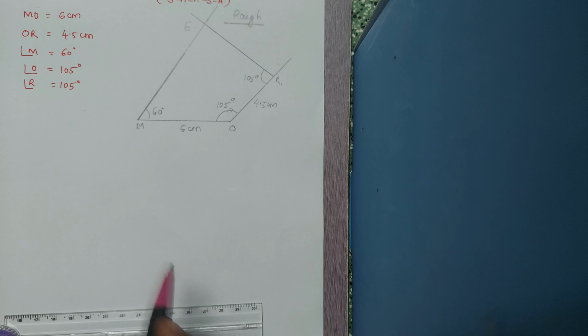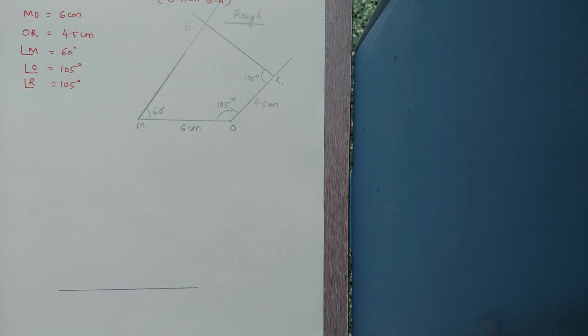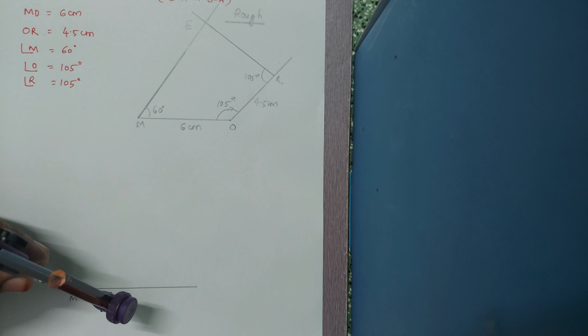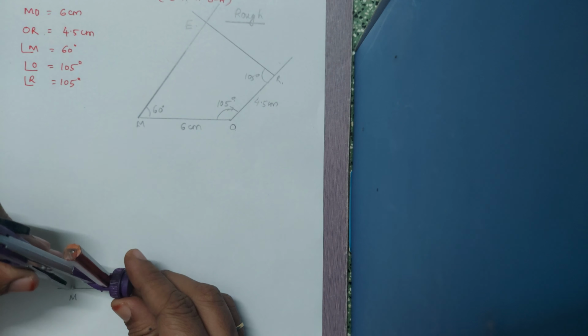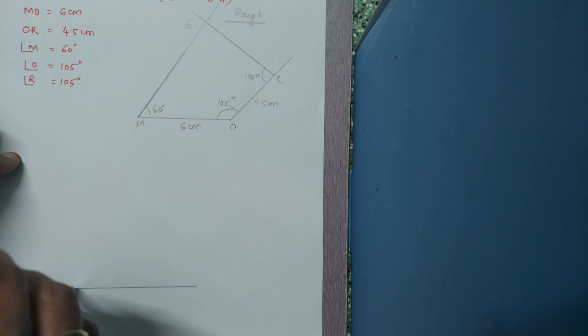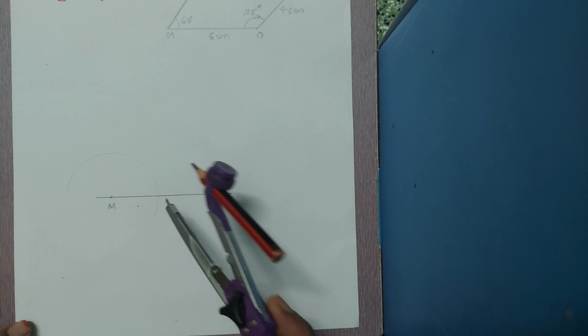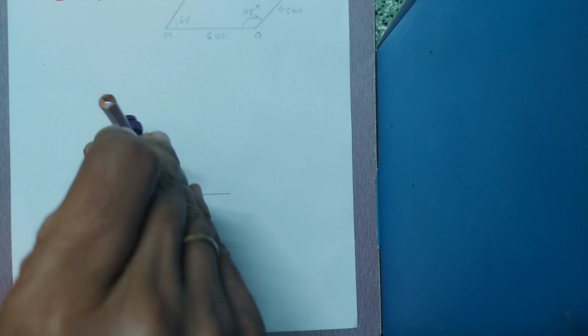So now, first step, draw a line. Then mark a point M. Yesterday we saw construction of 60 degrees. Take any convenient radius. Draw a semicircle. Now place your compass on the point and draw an arc.